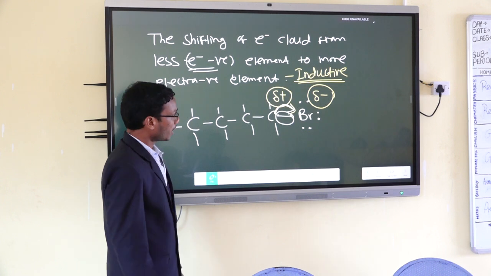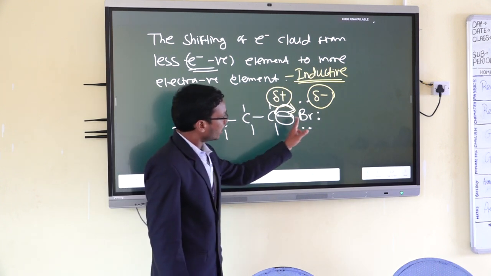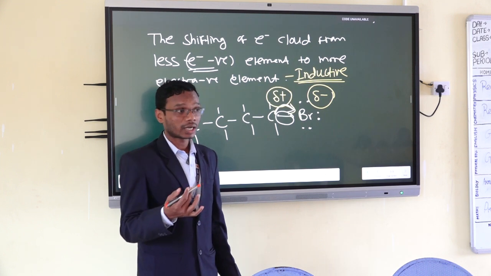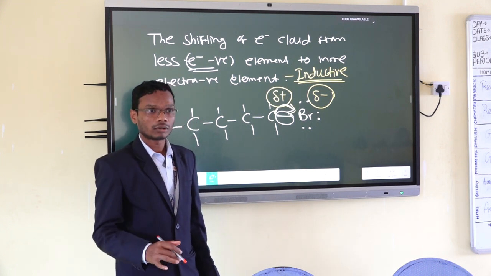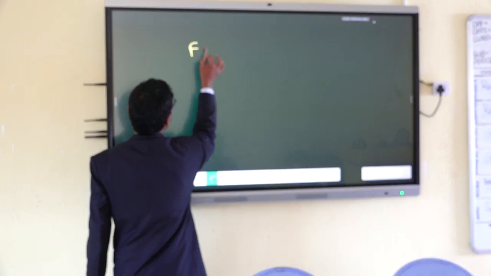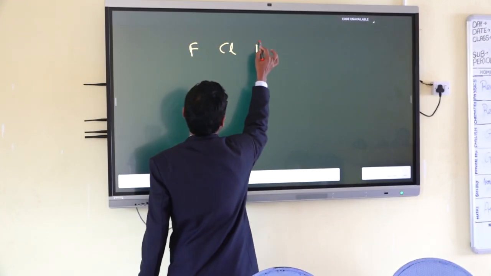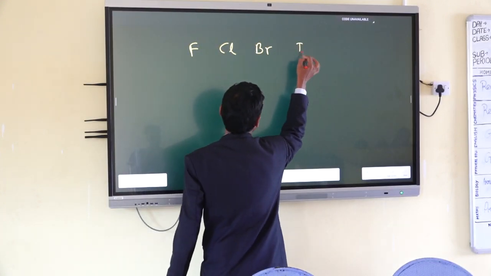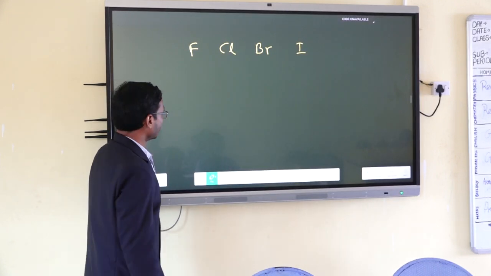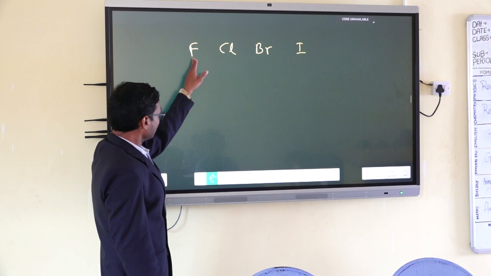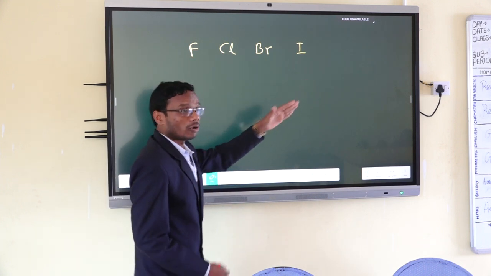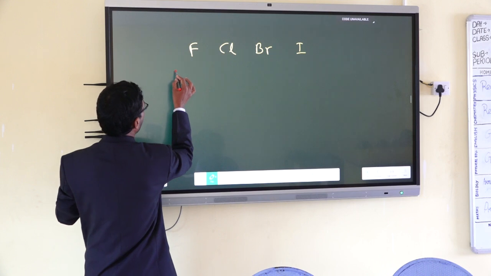Understand carefully? Now I have taken one example for bromine. Then what happens with other atoms like fluorine and chlorine? Fluorine, chlorine, bromine, iodine, these are halogens. Fluorine is the most electronegative, then chlorine, then bromine.